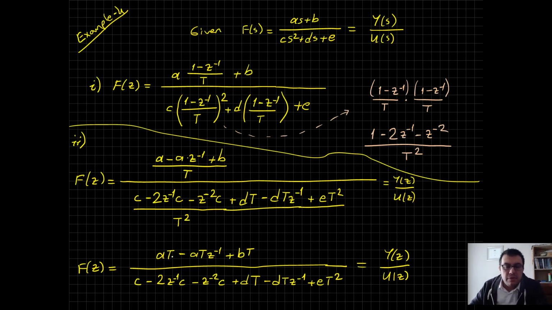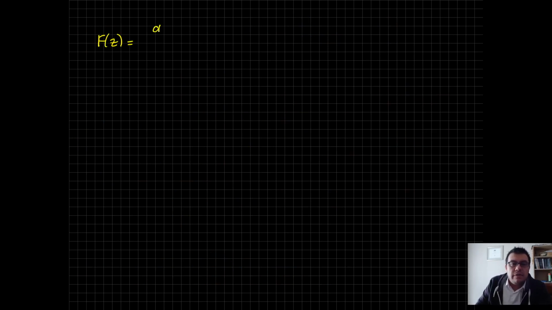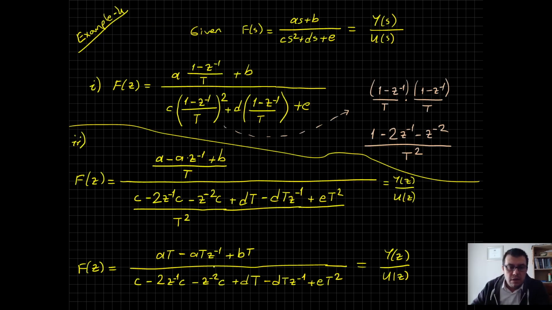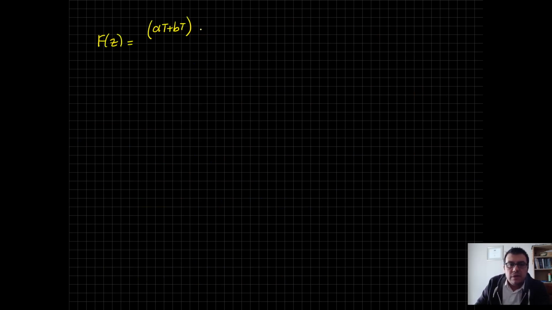So we have to move from this to an organized way. We have to actually rewrite F of z in such a way that we have decreasing powers of z. So you have at plus bt here, minus at z^-1.